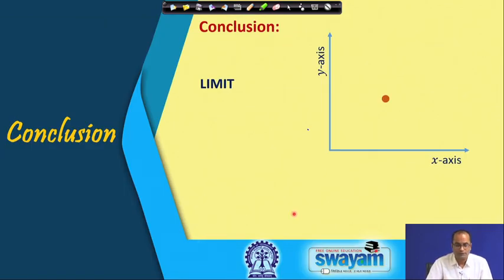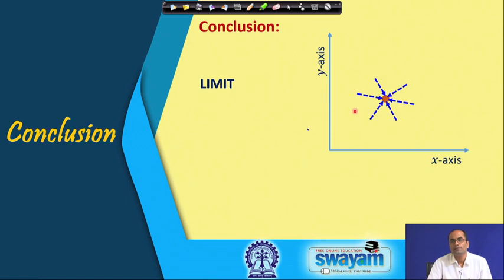So, what we have seen today is that we can evaluate the limit in the case of two variables, but we have to be careful, because in the x-y plane we can approach a particular point from several directions, while in the case of one variable we had only two directions, from the right-hand side and from the left-hand side, but now we have infinitely many directions.